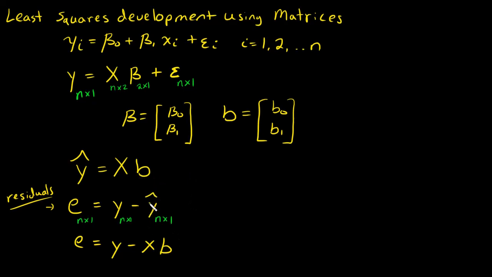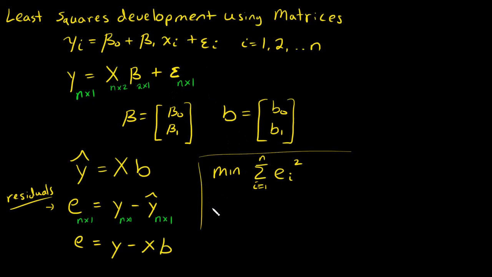All right, so the idea in least squares is to minimize the sum of squared residuals. So our goal when we're doing least squares development is to minimize the sum from i equals 1 to n of e sub i squared. That's the way we've written it prior, before we had matrix notation.